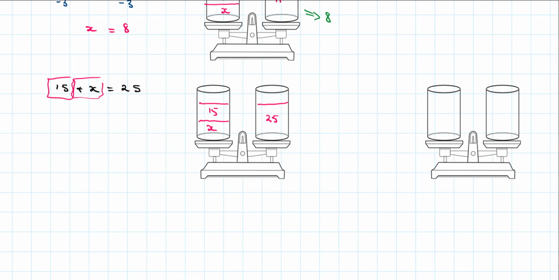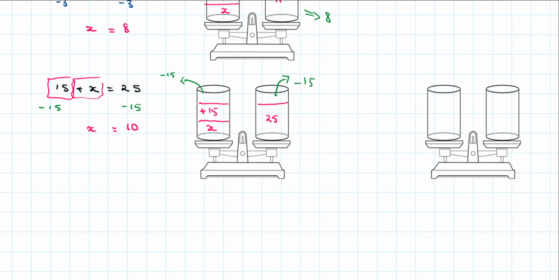And then to undo that, because we are adding 15 to x, we have to do a subtraction. So we subtract 15, and we subtract 15, and that will leave me with 10. Mathematically here I would write minus 15 on this side, minus 15 on this side. That leaves me with x equaling 25 minus 15, which is 10.